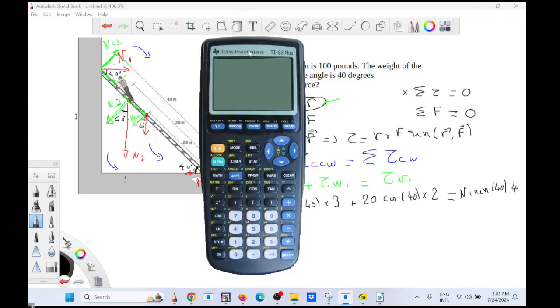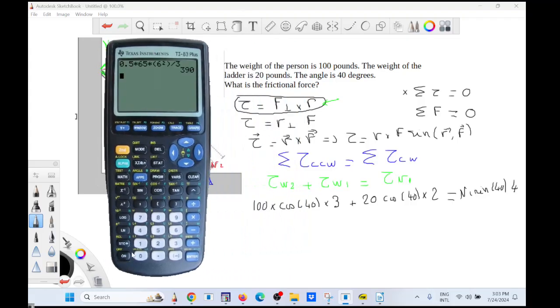Okay, so then you can do the computation. So it will be 100 cosine 40 times 3 plus 20 cosine 40 times 2, okay, divide by sine 40, okay, divide by 4, about 100.